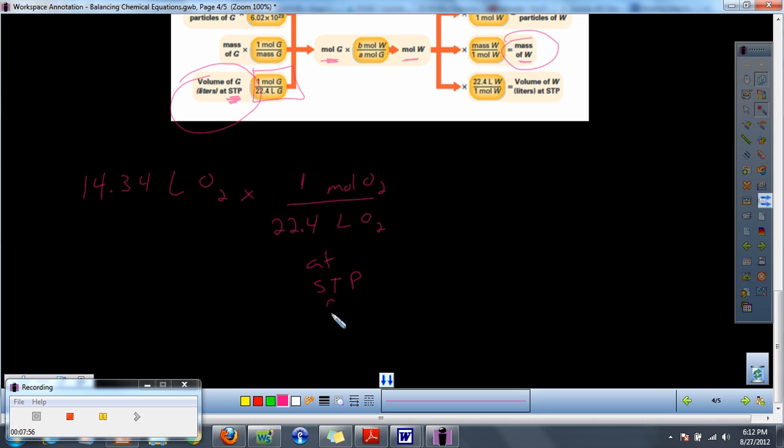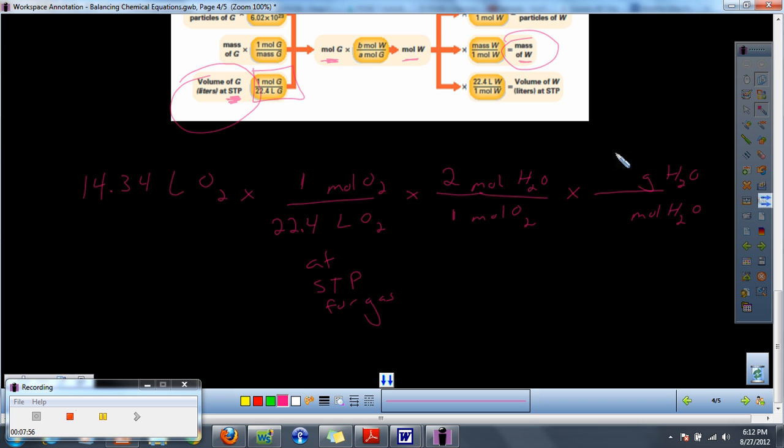Okay, and so we can go into moles of O2, and from there we can go into moles of water. Our balanced chemical equation, you'll recall, had 1 mole of O2 for every 2 moles of H2O produced. And then we can convert from moles of H2O into grams of H2O.